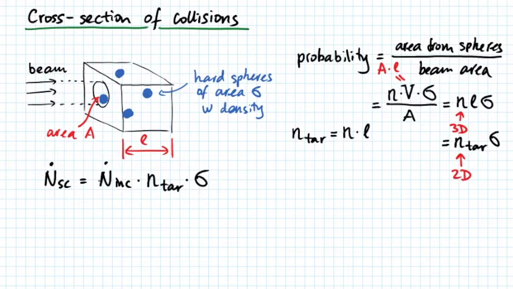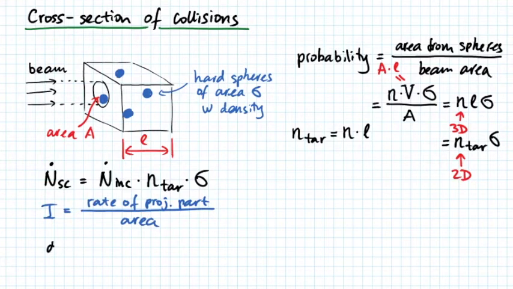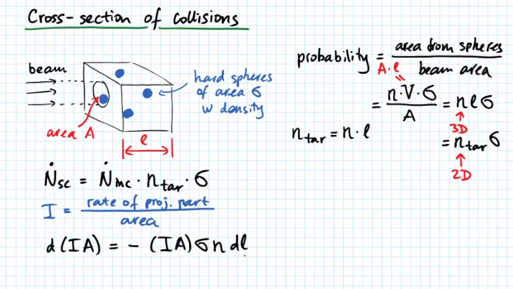Next, let's consider what happens to the beam intensity. By beam intensity, we understand the rate of projectile particles divided by the area. The change in the number of projectiles per unit time will be simply given by the number of scattering events per unit time, which is given by minus I A times the cross-section times the density times the thickness element dl.